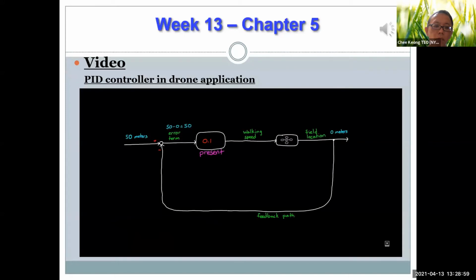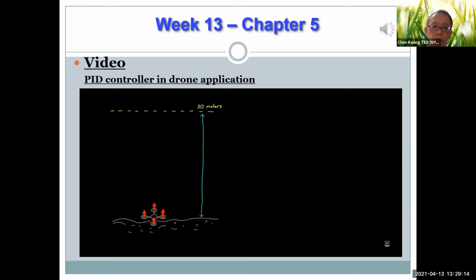Our plant is the drone, and the output of this system is altitude. Now, the input of the system is not walking speed, but propeller speed. And all in all, it seems like a pretty similar problem. So how well does a proportional controller work in this case? Well, when the drone is on the ground, there's an error of 50 meters, which would generate a large propeller speed, causing the drone to lift off and start to rise, reducing the error.